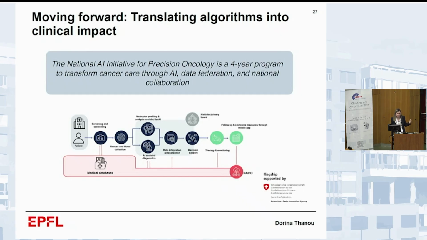Then we have pharma companies involved, Roche, smaller startups, etc. But the overall idea is to build a platform for precision oncology where AI can be useful at different stages of the disease, from identifying biomarkers to defining which treatment is the best for each patient, in such a way that the profile of one patient can improve the treatment of the next patient. And all that in a secure environment that we will try to set up over the next 4 years.